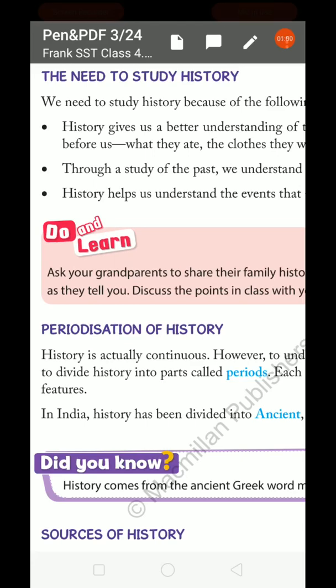Whenever you go to a temple, you can see the statues. In these statues, the dresses are very different as compared to today's culture.